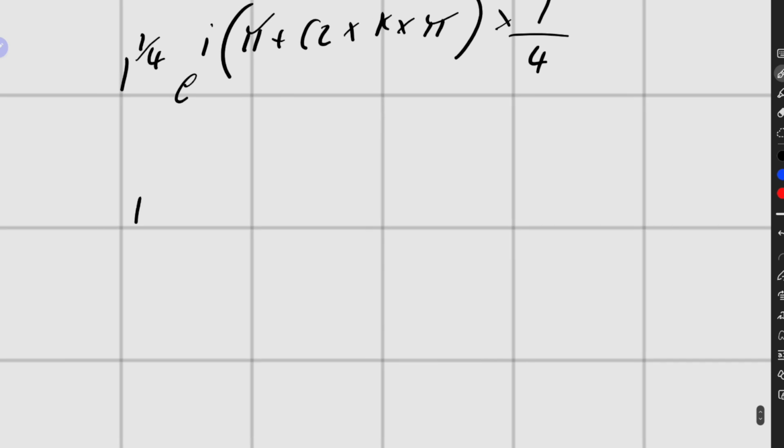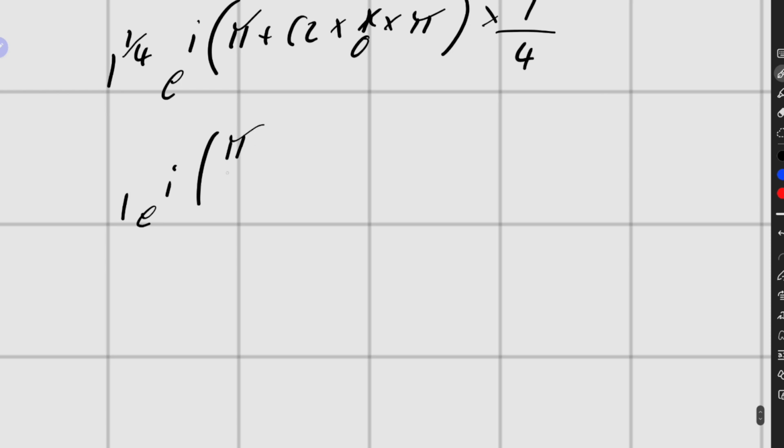So that's 1 e^(i(theta plus 2 k pi)/4). We're going to substitute k as 0 first. So that's the first number k can be, so that's going to be pi times 1 on 4, which is just pi on 4. And if you know your trig identities, you're going to know that is 45 degrees in radians, alright? So that's your first solution.